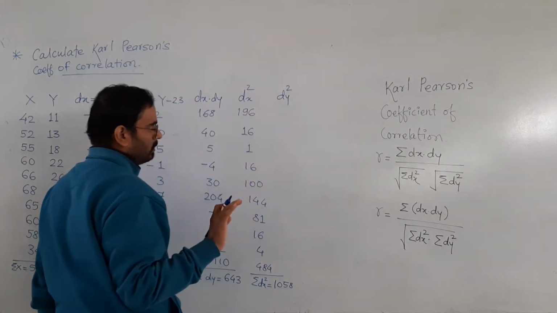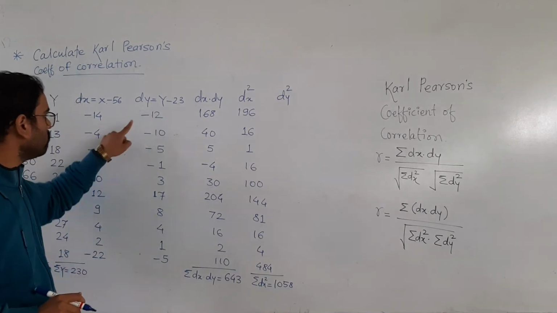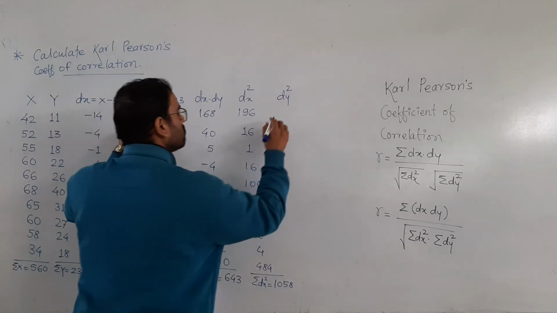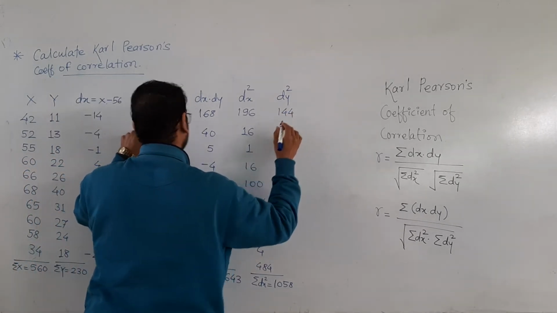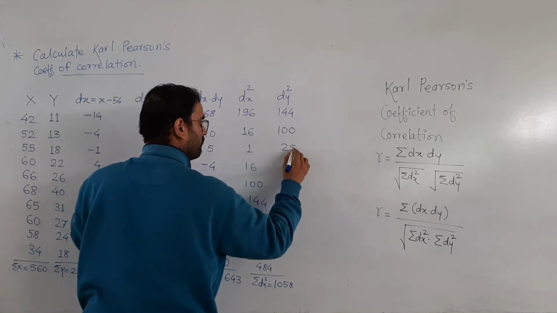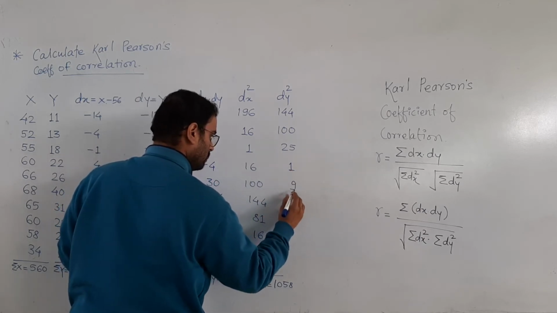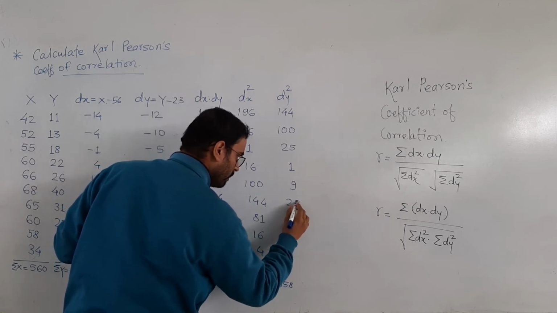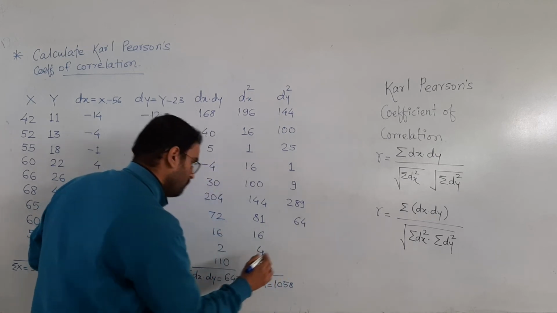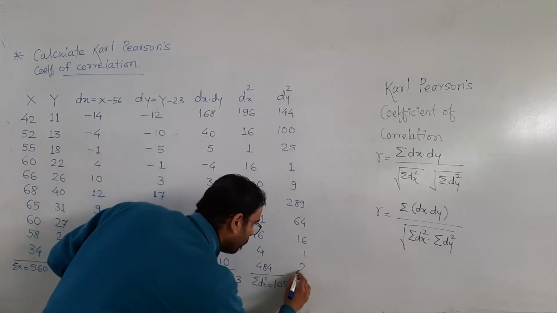In the same way, we need to calculate dy square because we need that also. So that is the column dy. We have to make the square of it, and we will write the values here. 12 square is what? 144. 100, 25, 1, 9, 64, 16, 1 and 25.